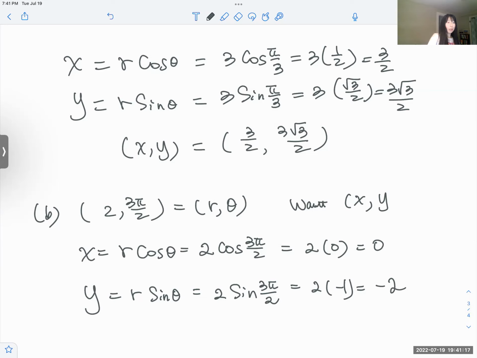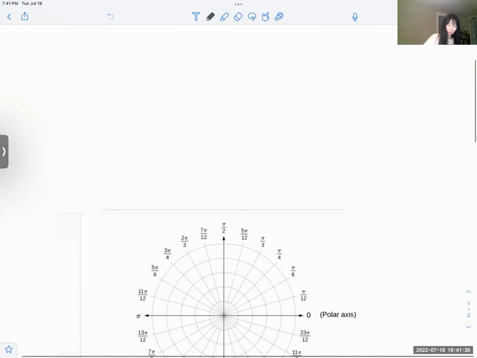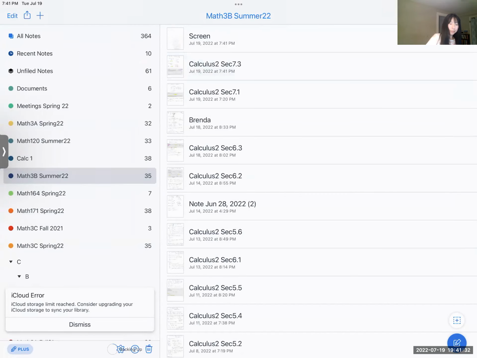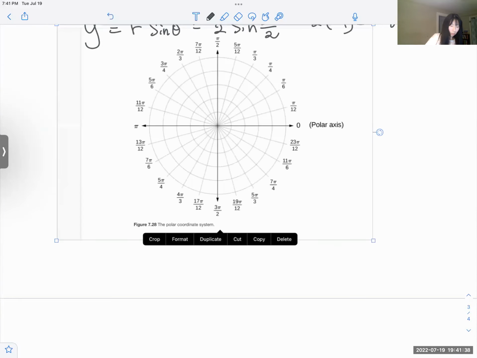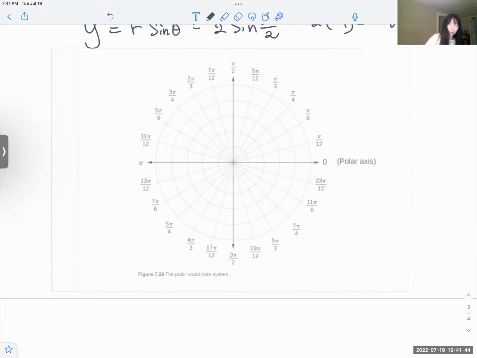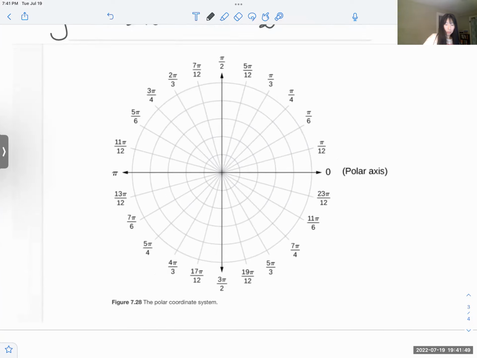Okay, so I'm going to bring the polar coordinate system here. Copy, because I'm going to use it later. Is it big enough to see? This is similar to the unit circle, right?